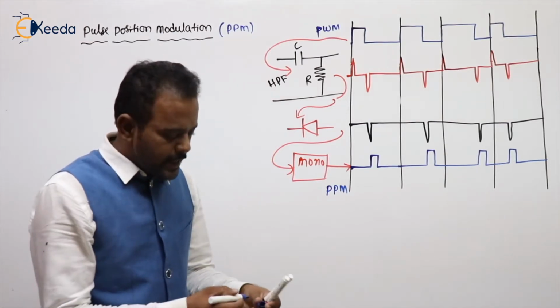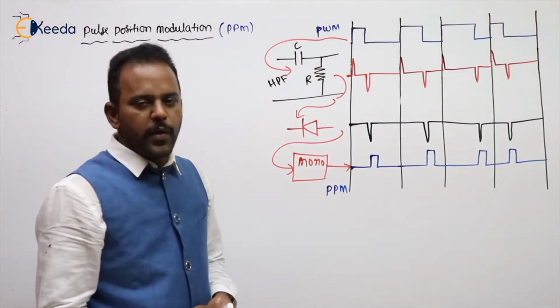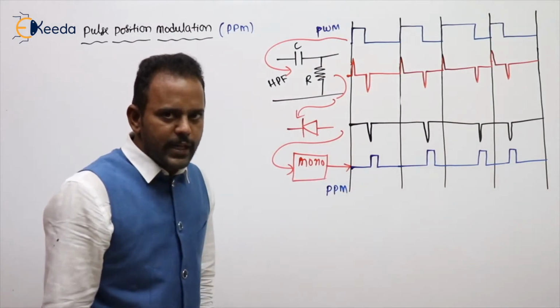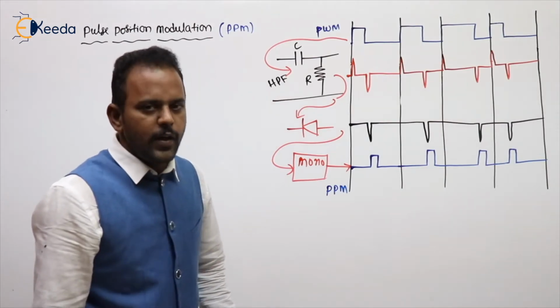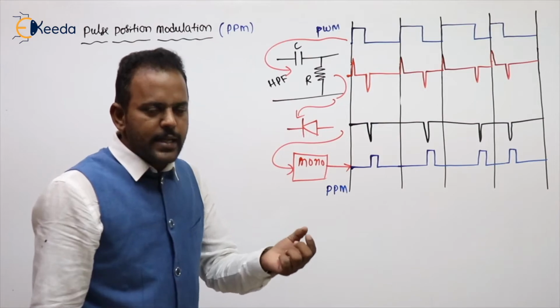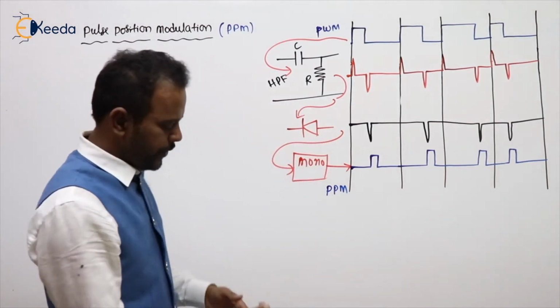It is converted by using an RS flip-flop, where at the reset terminal we give the PPM signal, and for the set terminal we give synchronized local oscillator pulses at the required carrier frequency. I will show you.